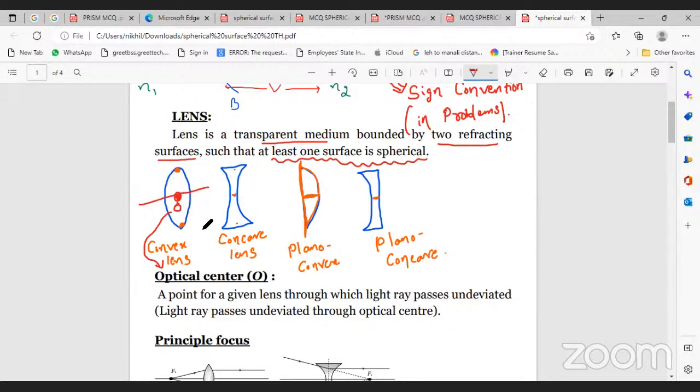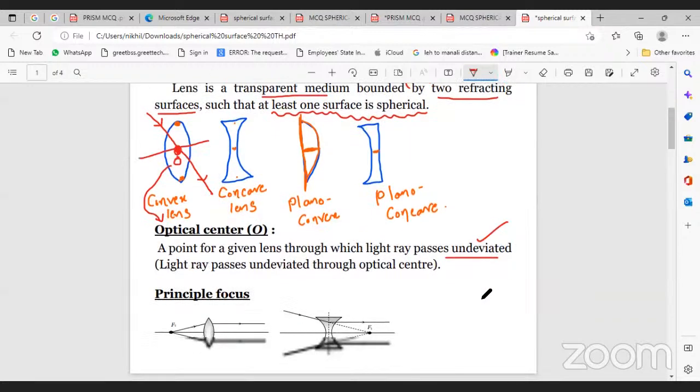Whenever a ray of light passes directly through the optic center, the ray will not undergo deviation. The ray is undeviated. That is called the optic center.